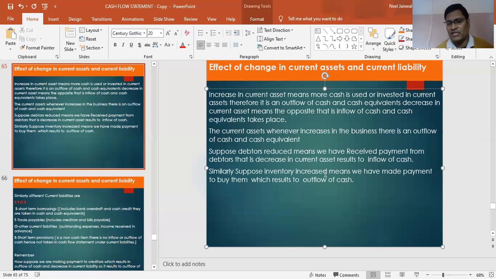Outflow of cash is taking place, and hence it also results in decrease in cash. That means it will be subtracted. Whenever current assets increase in the business, there is an outflow of cash and cash equivalent. And whenever current assets decrease, excepting cash, there will be an inflow of cash. We have understood that by these two examples.